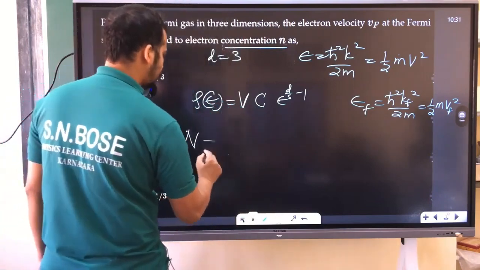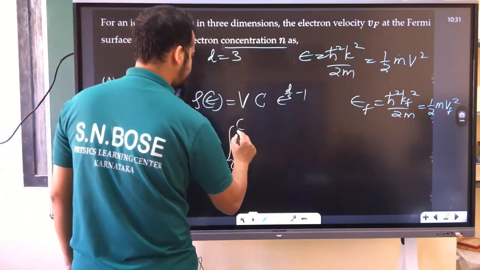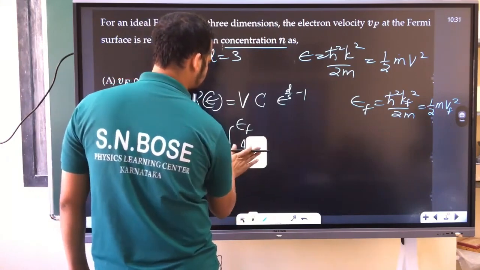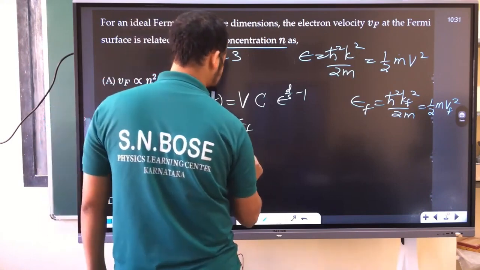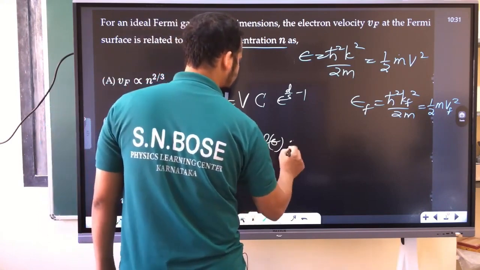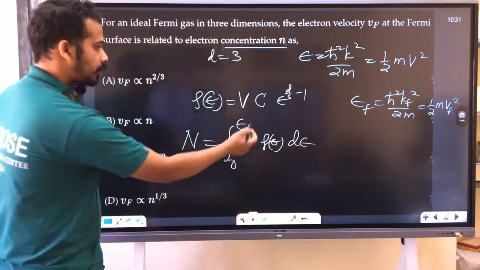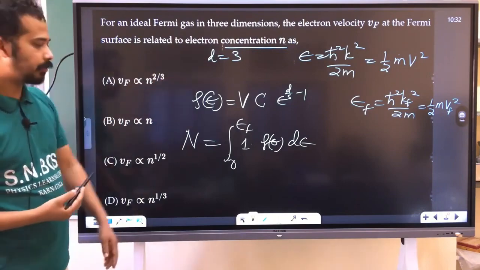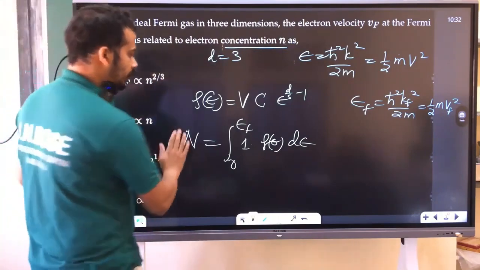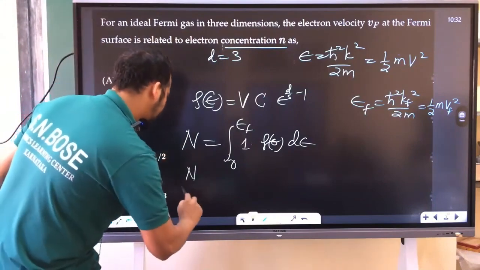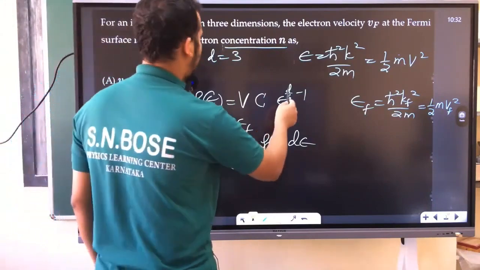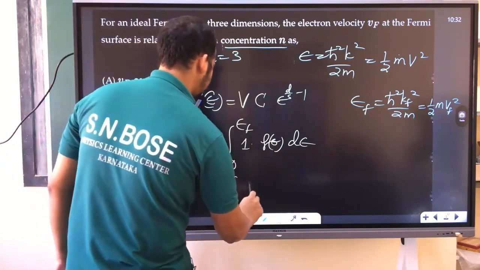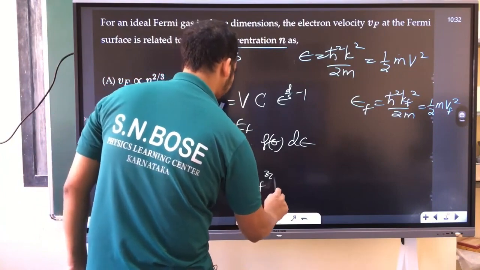N is equal to integral from 0 to EF, where F of E is equal to 1, of 1 into rho of e into de. You can take the volume term here. That is now concentration, meaning number per volume. So once you write this concentration n by v, what is e power d by s minus 1? It is e power 3 by 2 times root e. That's equal to constant into EF power 3 by 2 divided by 3 by 2.